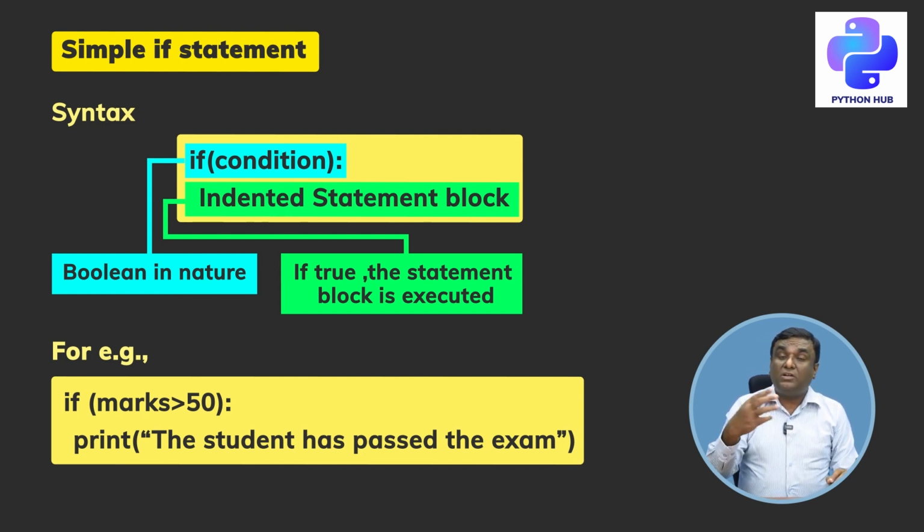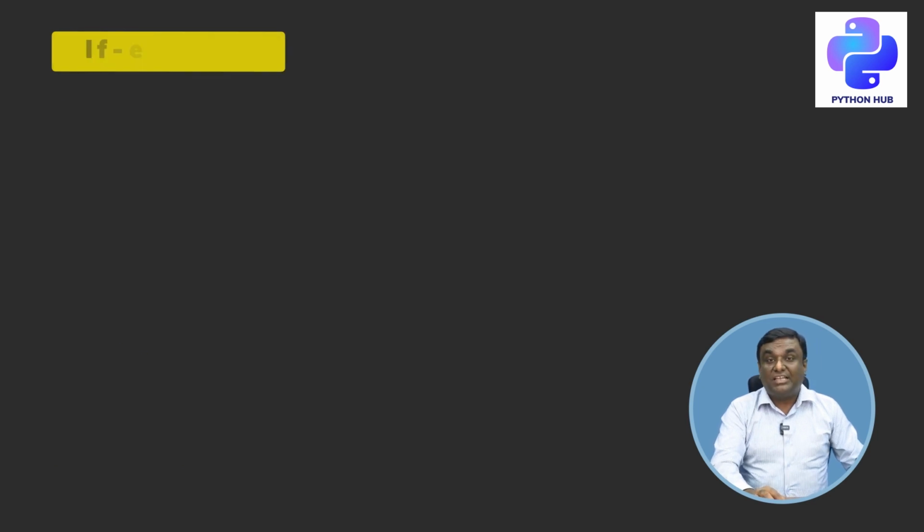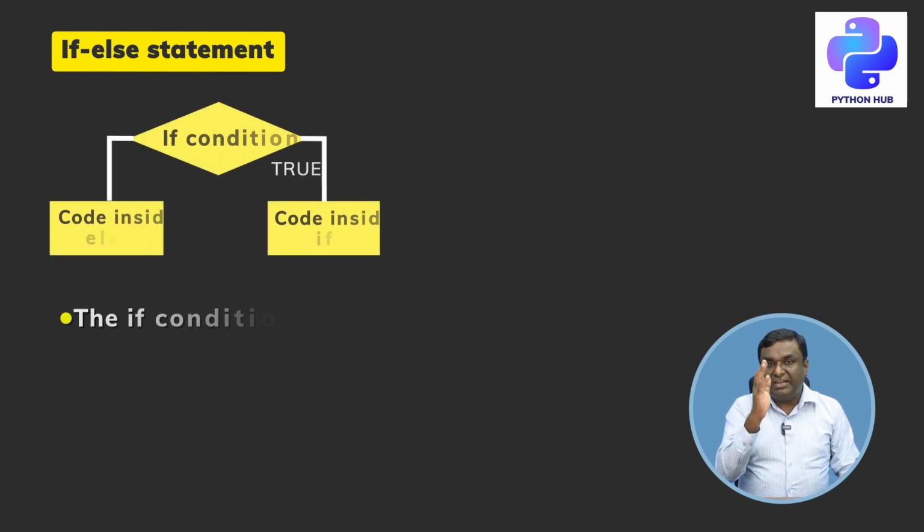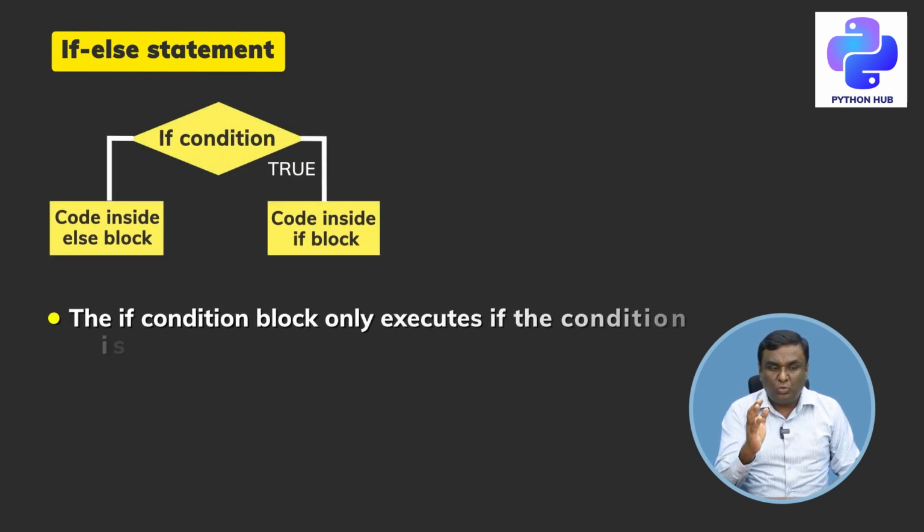Now, if you want an alternate execution, that is if the marks is not greater than 50, you want to print, let's say for example, the student has not passed the exam. Is there any other statement that's available for you to execute? Yes. That's where we have this concept of the if-else statement. So I may say that if the condition is met, that is if it is true, execute this particular code.